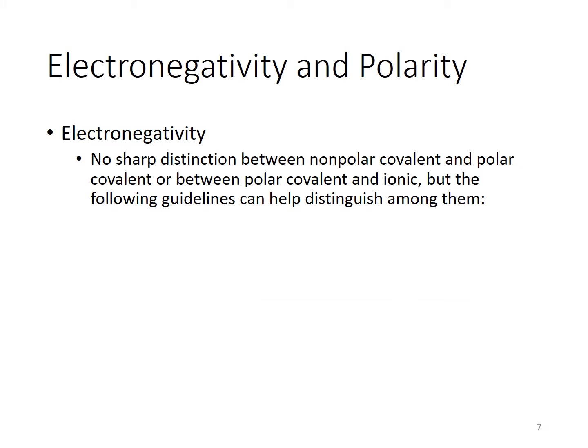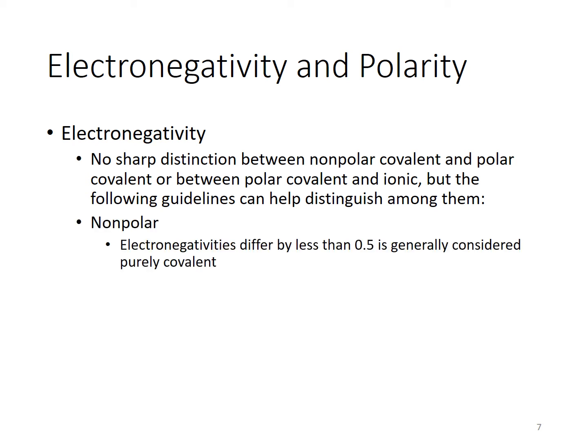In terms of electronegativity, there's not an exact perfect line, it's totally made up, when we're distinguishing between nonpolar covalent and polar covalent, or between polar covalent and ionic. So we've developed some guidelines to help distinguish them. Again, they're just made up, but they are useful guidelines. Nonpolar, a pure covalent bond, is when the electronegativities between the two atoms differ by less than 0.5.